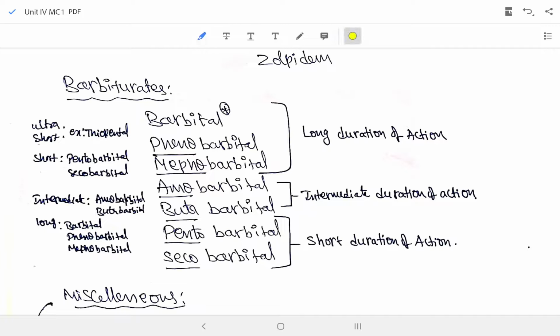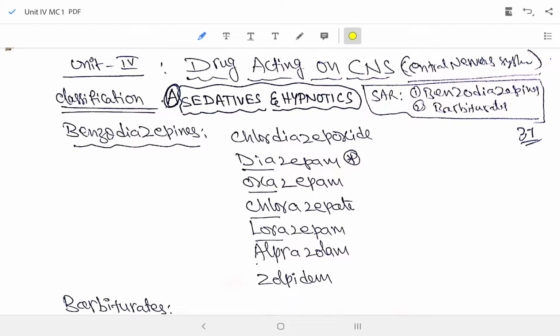So, how to remember their structures? First, you need to know the general structure of benzodiazepines and barbiturates, and the examples will differ only in the substituents at different positions of the main ring. Let us see how the benzodiazepine will look like. Benzo means there is a benzene which is fused with a diazepine ring. Aza comes when we have nitrogen inside the ring.